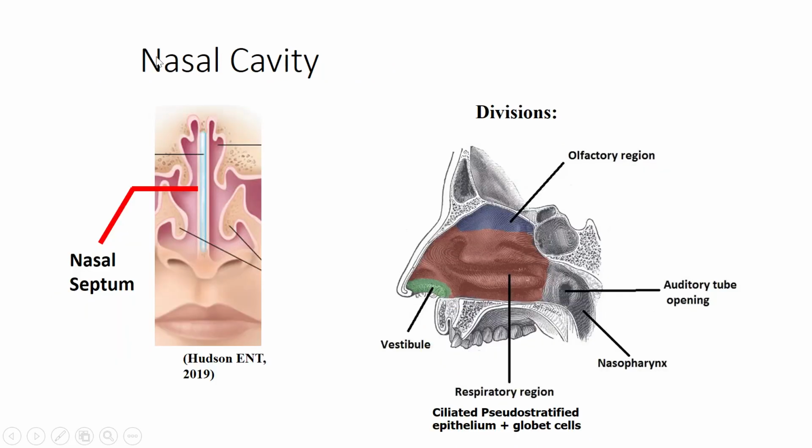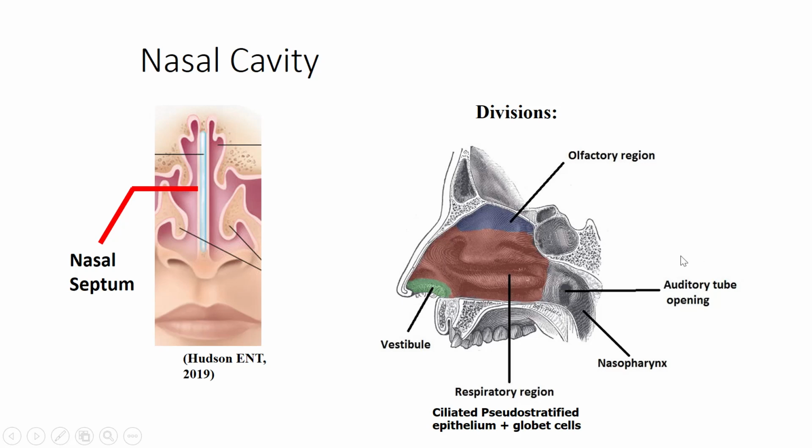So the nasal cavity is located superior to the hard palate, and it's divided into the right and left cavities by this structure that is the nasal septum. Then it opens posteriorly here into the nasopharynx through the choana. So the choana is a synonym for the posterior opening.